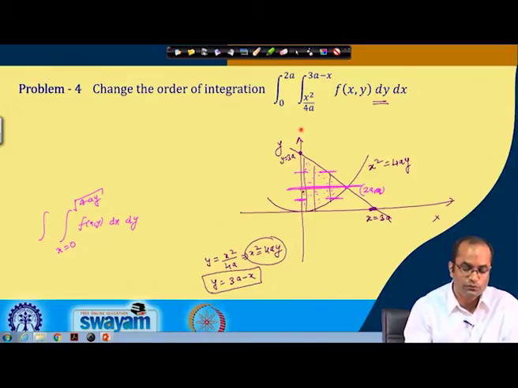So, y goes from 0 to a, and then plus, y goes from a to 3a.